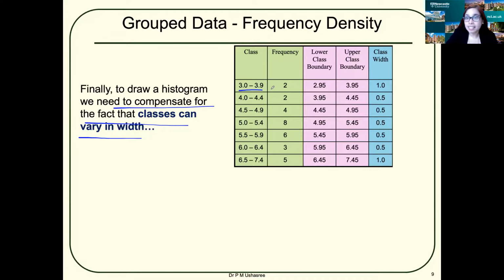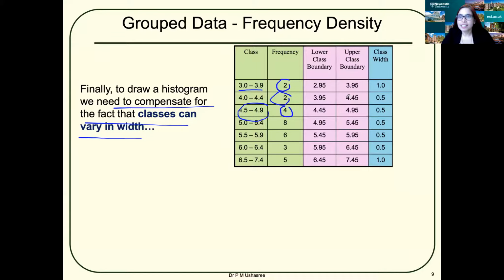But if that is the case, each of us will have a different number of data in different classes. So how are we going to interpret the data, when each of us will have a different frequency table?